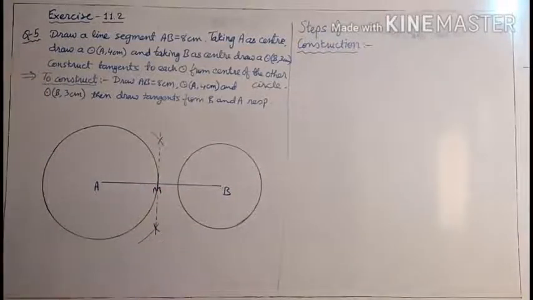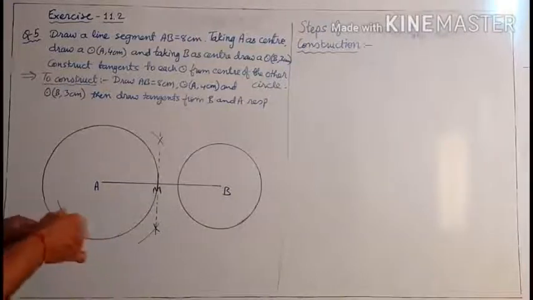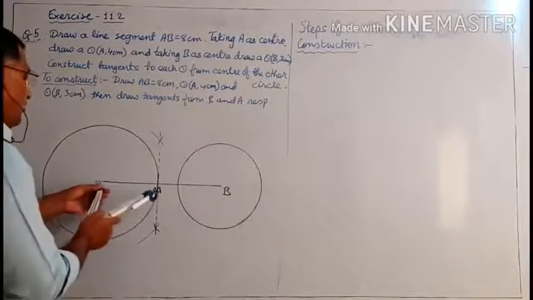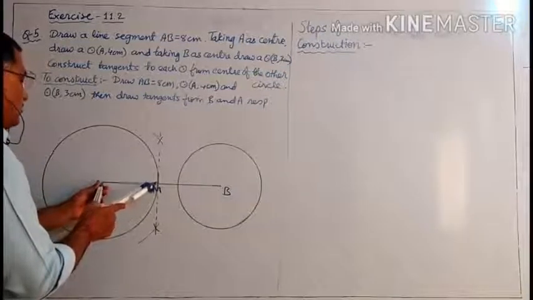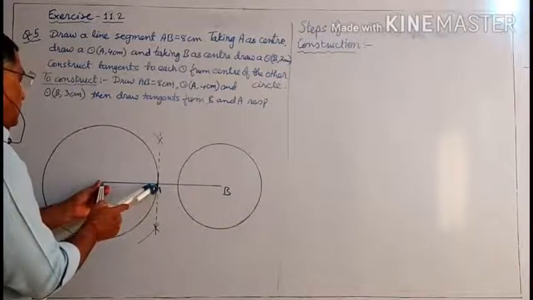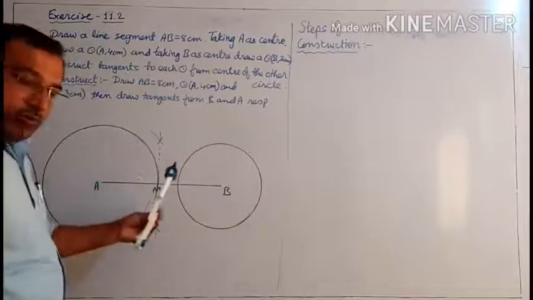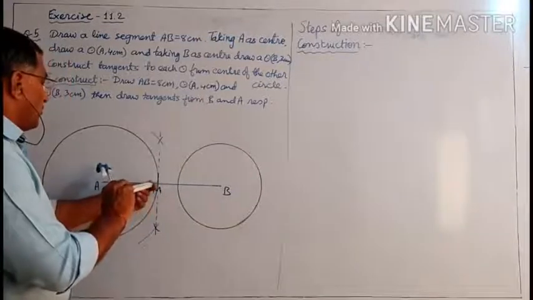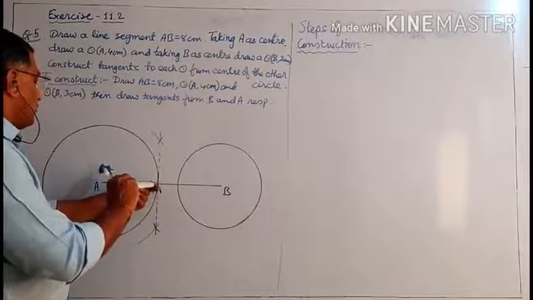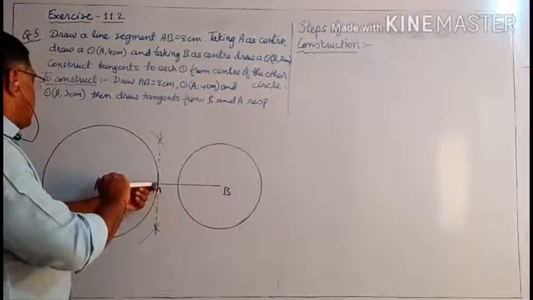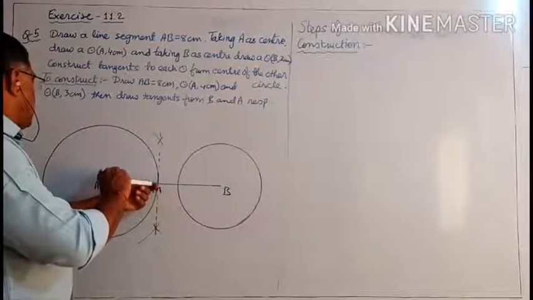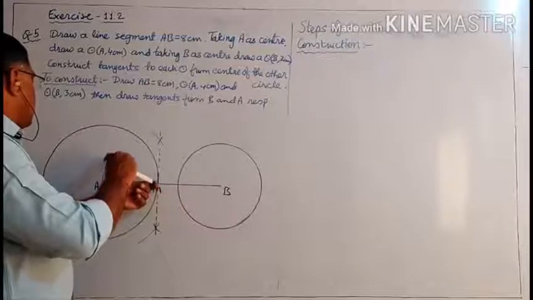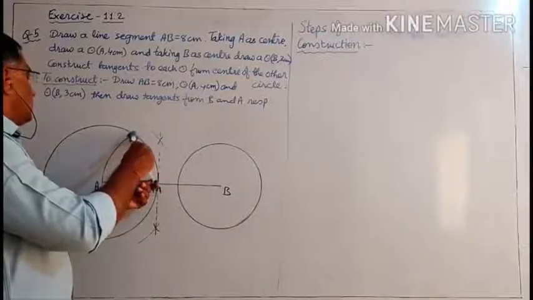Now taking this point as a center and the radius equal to AM or BM, draw the circle. That will intersect the two given circles.